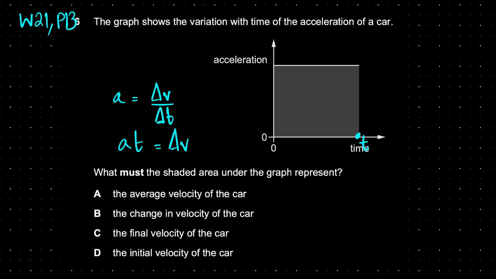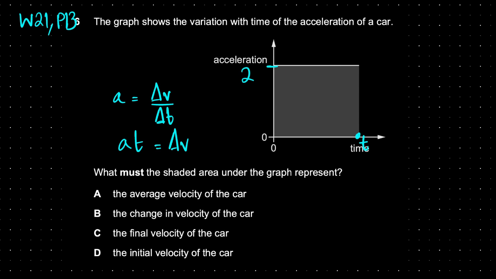So this is not the average velocity, this is the change in velocity. Let's take a number just to aid our understanding. Let's say this value is 2. So this means that the acceleration is a constant 2 meter per second squared, so the speed is increasing by 2 meter per second every second. I don't know what I started off with. All I know is my speed is increasing by 2 meter per second every second.